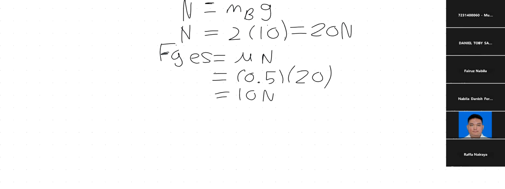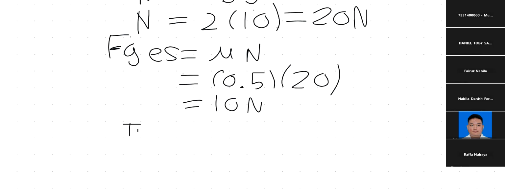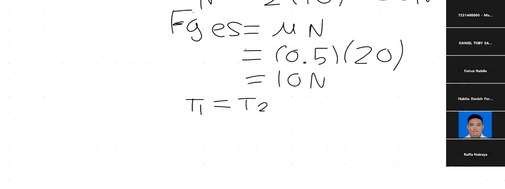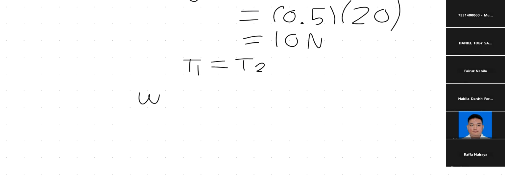Now from this, we will be able to gain the relation: the tension on system 1 will be equal to the tension on system 2 because they are the same rope. And before we know that Wx minus T1 is equal to mA. So we can solve it for T1.